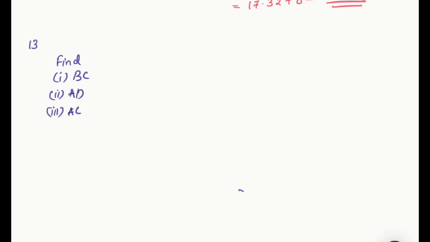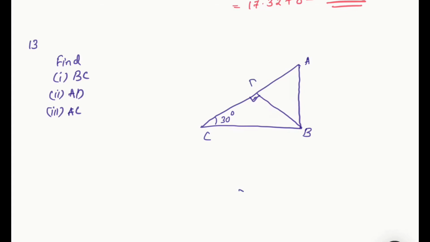ABC is 30 degree, it goes as D, and this is given as 12 centimeter. Okay, so when you write this, you need to find out BC.